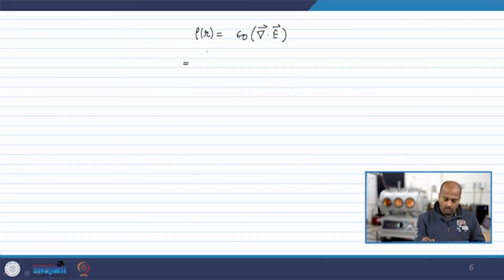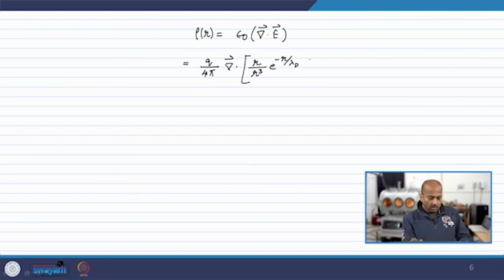Using the electric field that we have just derived, it will be q by 4 pi del dot of (r by r cube e to the power of minus r by lambda d plus r by lambda d r square e to the power of minus r by lambda d).